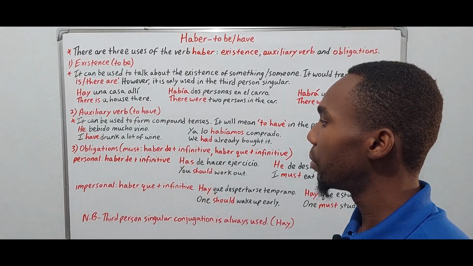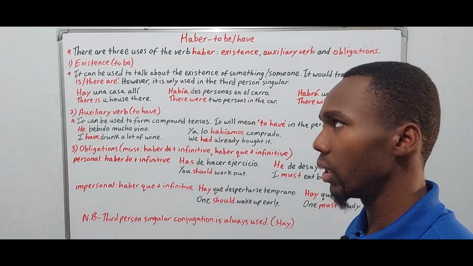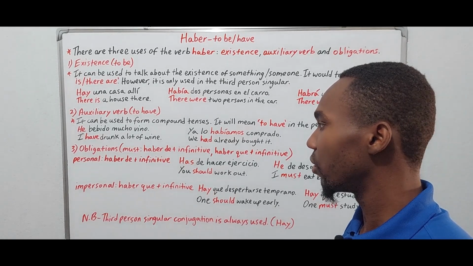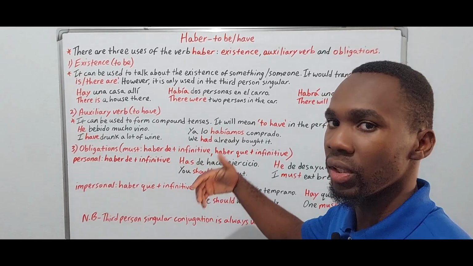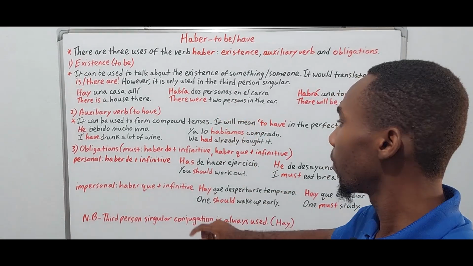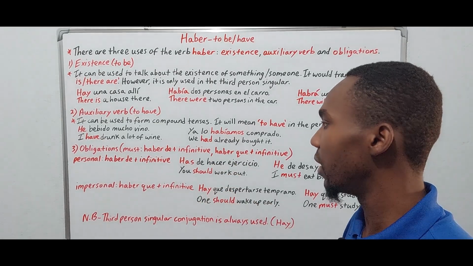Now, when it comes to the impersonal usage, we always use the third person singular. We alluded to this earlier when we talked about existence, okay? Haber que followed by the infinitive.